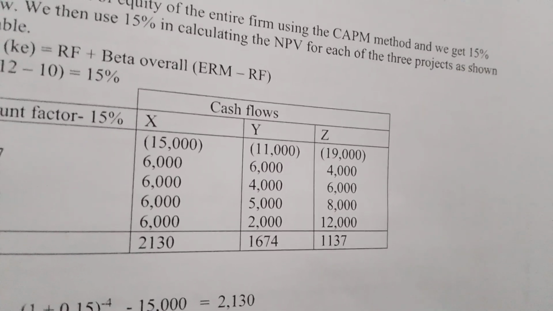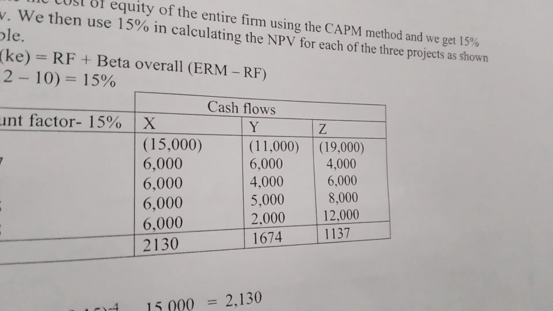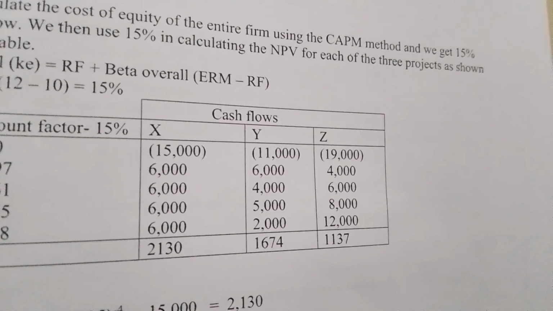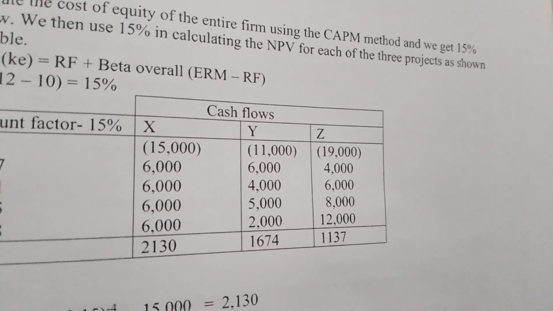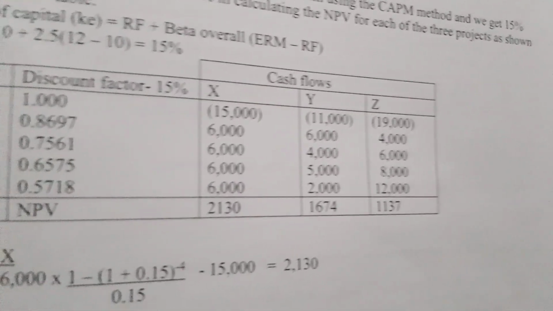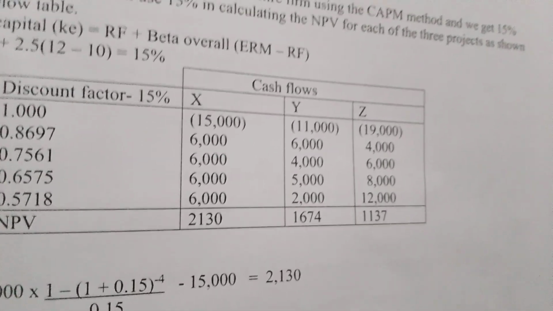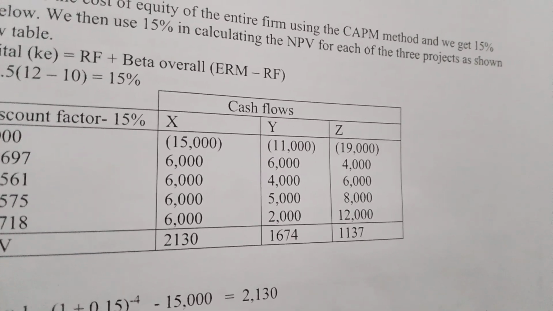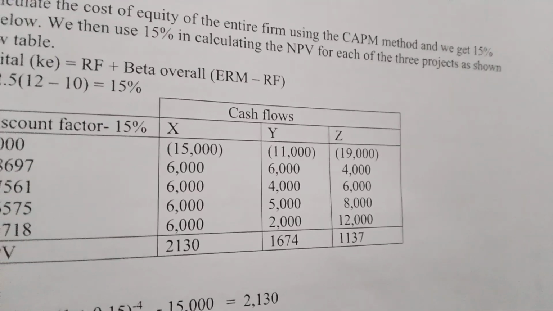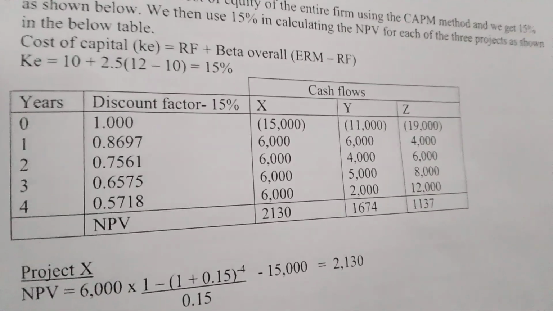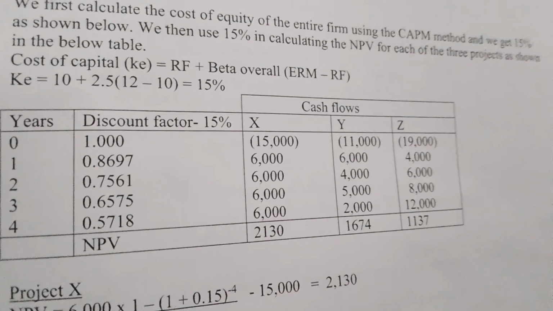Also write the cash flows for Z: initial capital outlay 19,000, the other cash flows 4,000, 6,000, 8,000, 12,000, and the net present value of 11.7. So please write those cash flows for projects X, Y, and Z, because I want to turn to the other page.